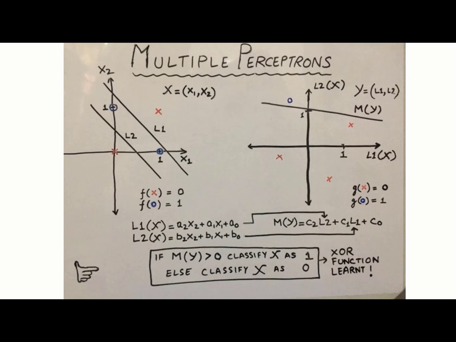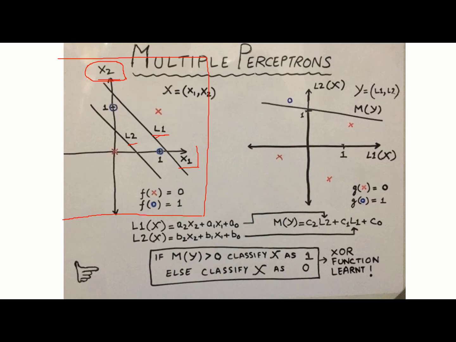Let us put things together and try to summarize what we have said so far. So essentially, we have two graphs. The one shown on the left is representing the input space, where the coordinates are the original data points, coordinates x1 and x2 used for the training. And we said that we could separate the blue circles from the red crosses using two perceptrons L1 and L2.